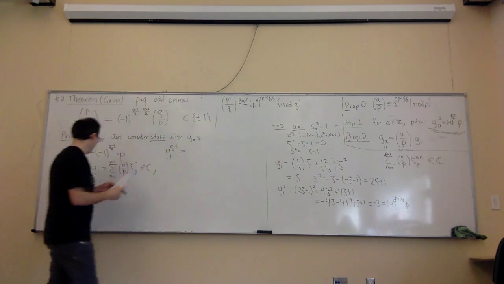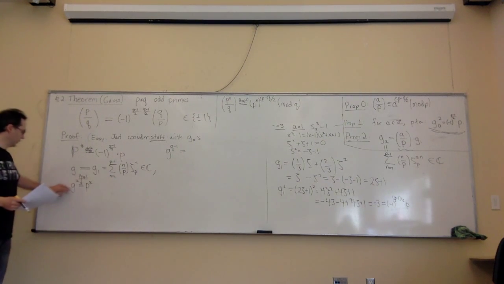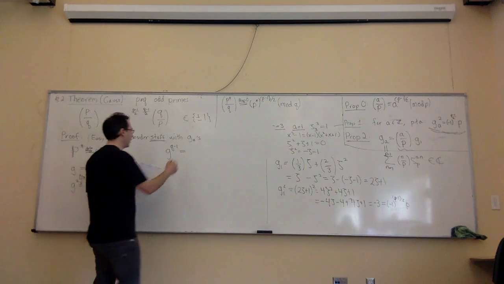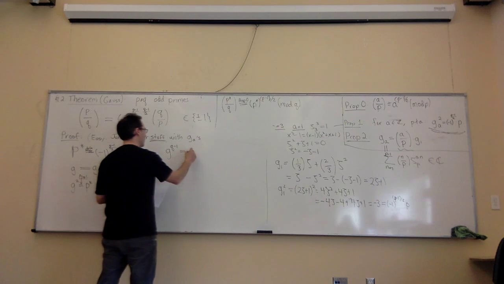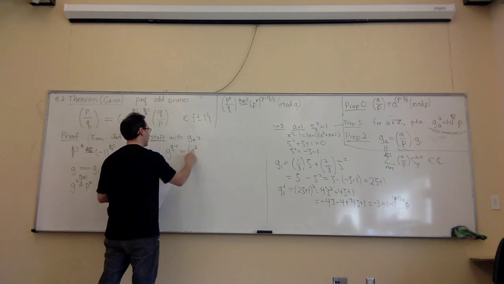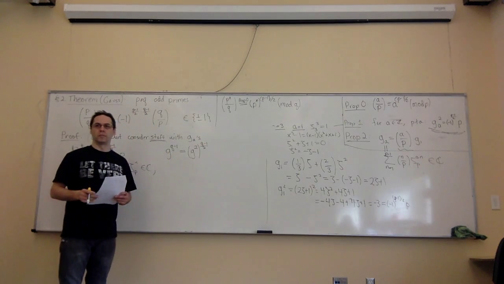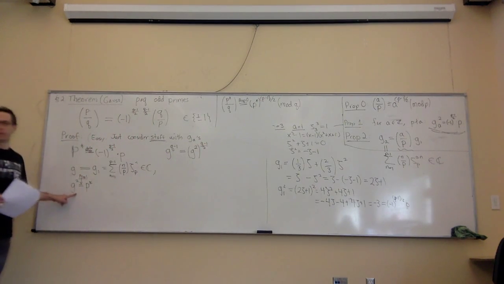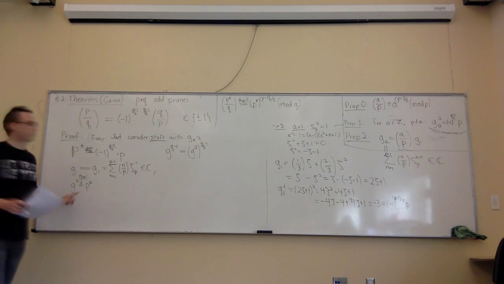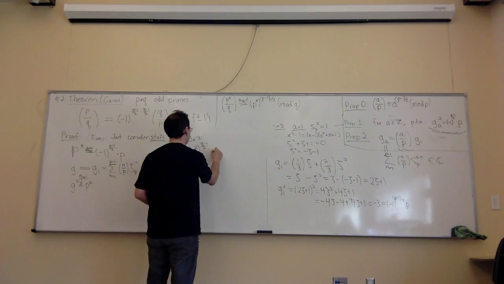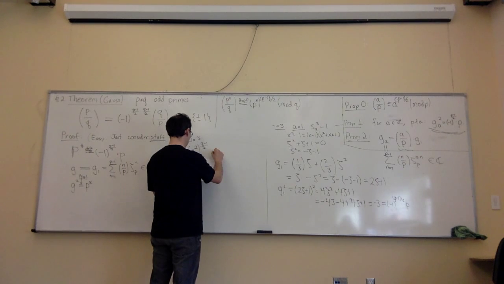Q is an odd prime, so you can write this as g squared to the power of (q-1)/2. But g squared is something we know about. So let's use that and write this as what it is, p star to the power of (q-1)/2.